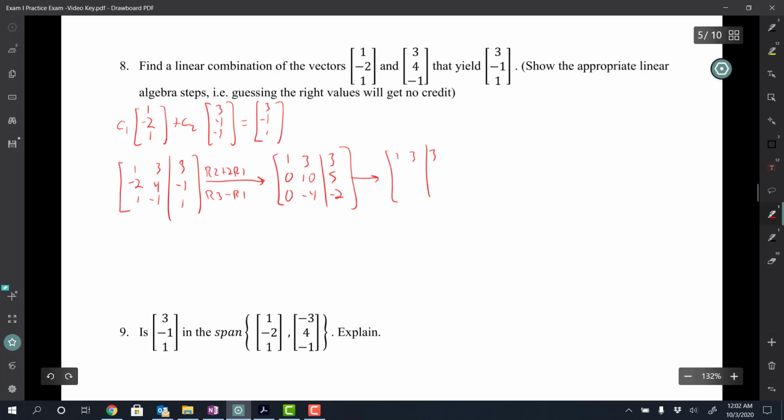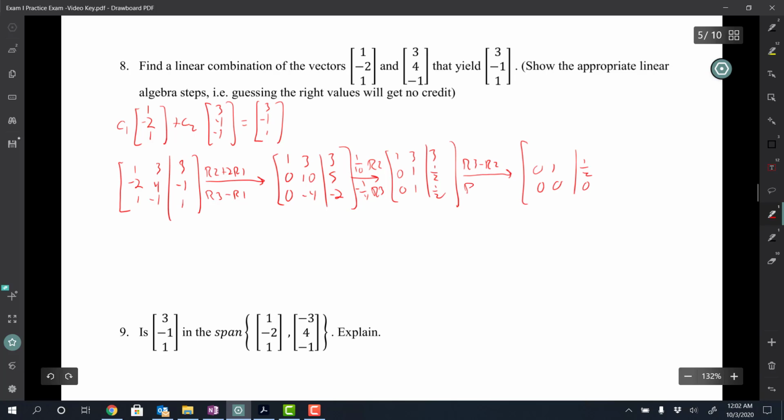I'm going to take 1/10 times row 2 to get 0, 1, 1/2. I'm going to take -1/4 times row 3 to get 0, 1, 1/2. Now I'm going to take row 3 minus row 2. I'm going to get a row of all zeros. I'm going to let row 2 be the same.